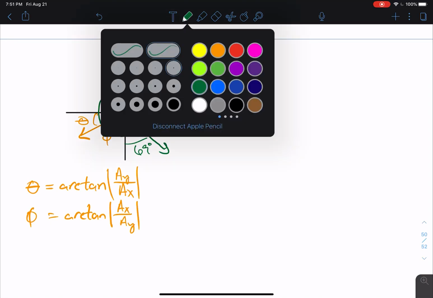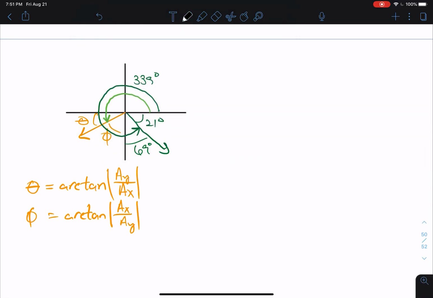Now, negative a, because I know that's another issue that people have been getting hung up on, trying to figure out negative a. Remember that negative a is just anti-parallel to a. That is, they're 180 degrees apart.